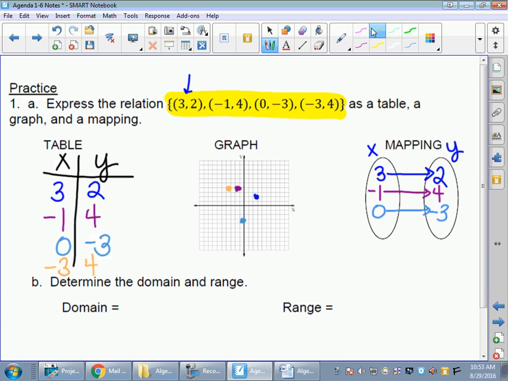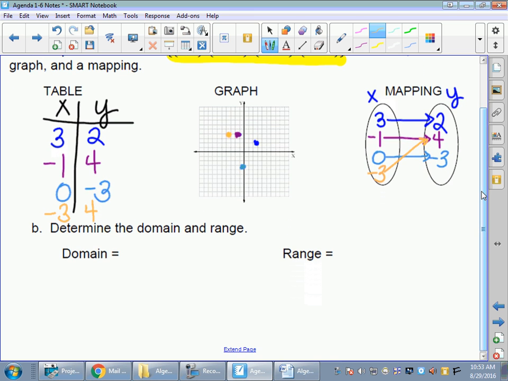And my last ordered pair is -3, 4. Well, please notice, I already wrote the 4. I don't want to repeat values in my mapping. So I'm just going to put an arrow and reuse that 4. I don't get super picky about things being in order for the mapping. You could put them from smallest to biggest if you want, but I think that's perfectly fine.